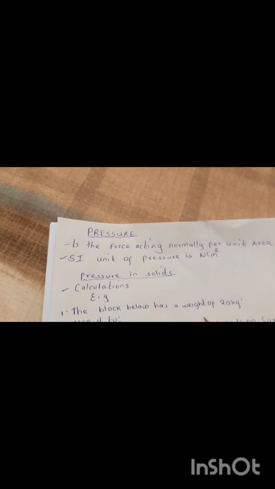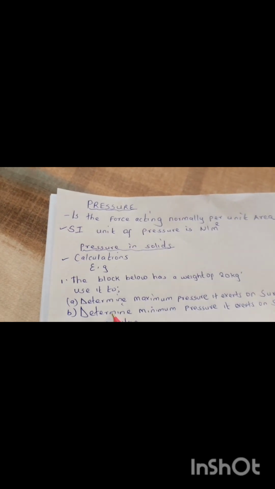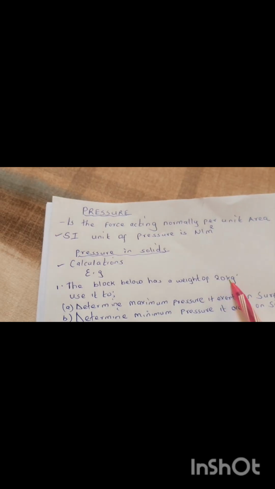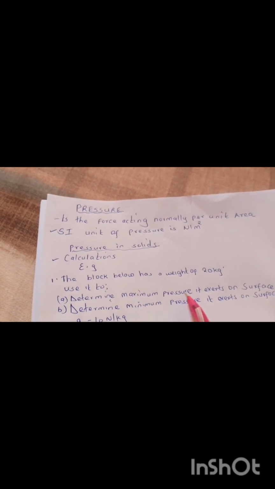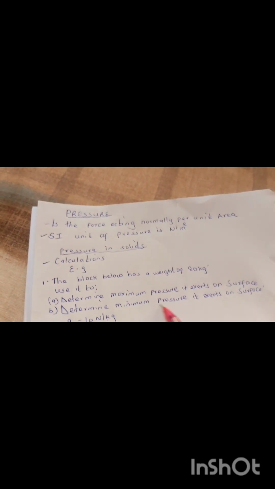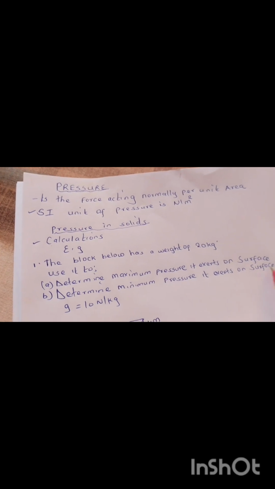So I want us to look at the calculations under pressure in solids. So we have an example here, and we are going to read it out. The block below has a weight of 20 kg. Then use it to determine the maximum pressure it exerts on the surface, and then determine the minimum pressure it exerts on the surface.